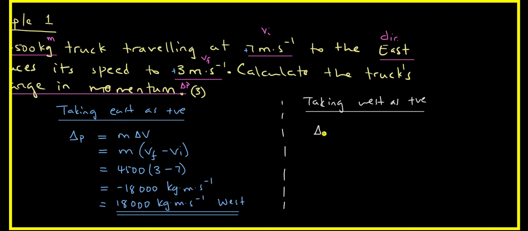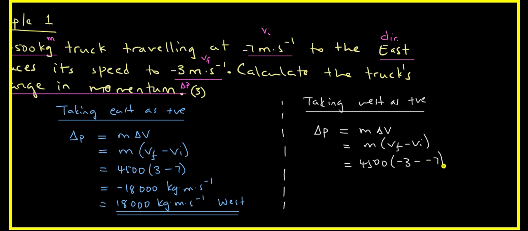I write my equation: delta P is equal to m delta v, which is m times v final minus v initial, 4,500 multiplied by... I took west as positive, which means east is negative. So this velocity is to the east, so it's negative, and this velocity is to the east, so it's also negative. So my final velocity is negative 3, minus my initial velocity, which is negative 7.